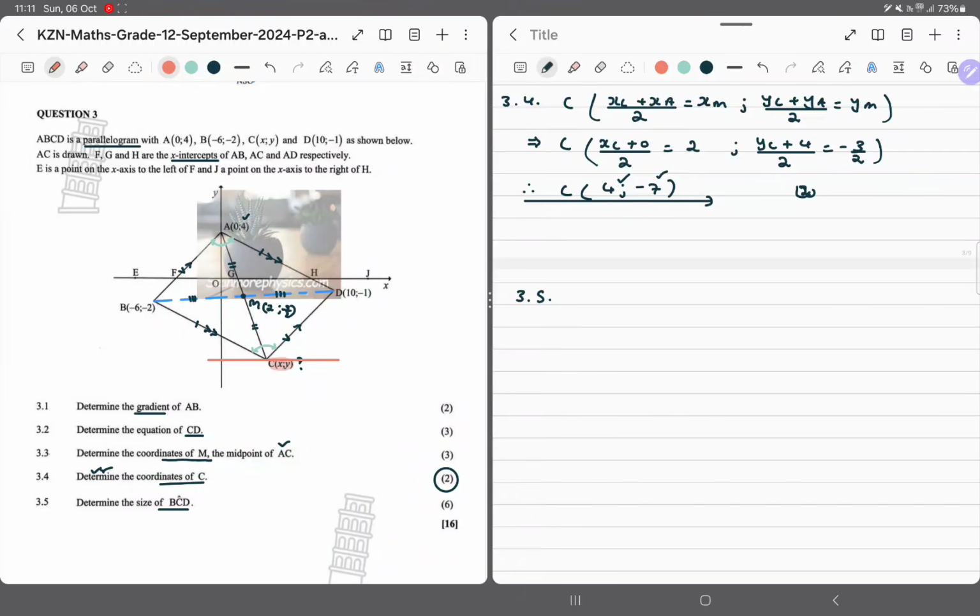draw a horizontal line, then work out the gradient, the angle of inclination of that line, and then work out the angle of inclination of that other line. Then take that whole angle and subtract this one. It gives us that. That can be done. But it's up to you really. I'm just showing you techniques and tricks now to not give up when you see a question like this.